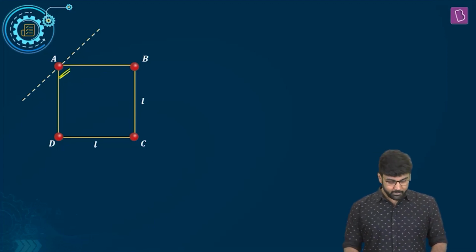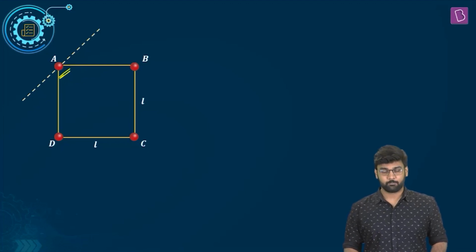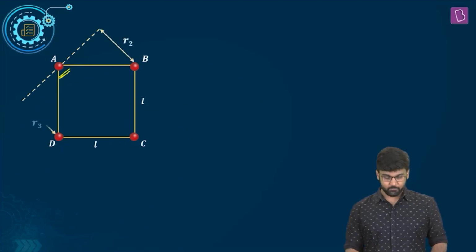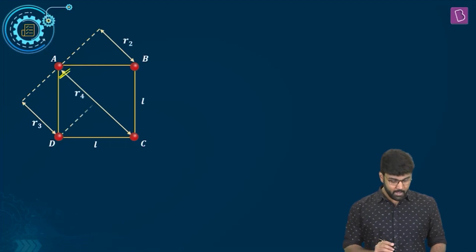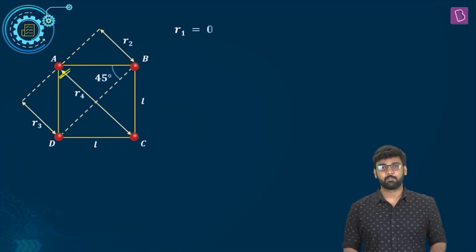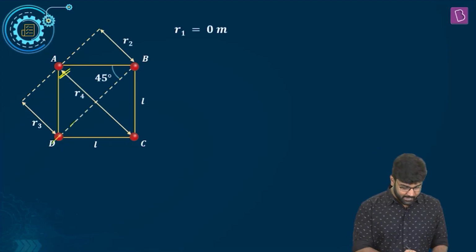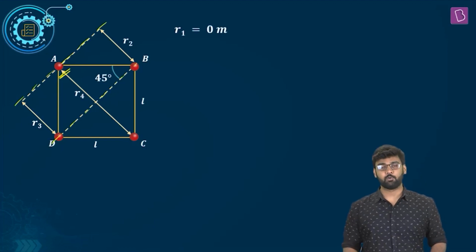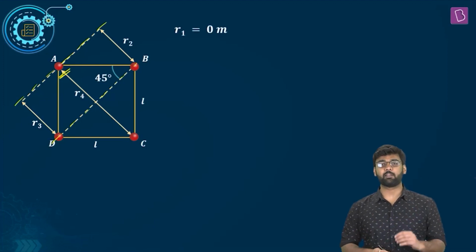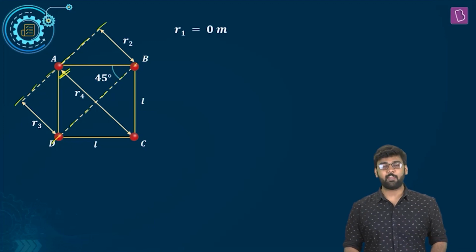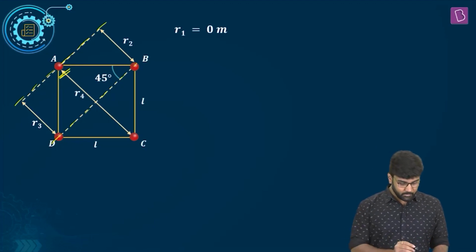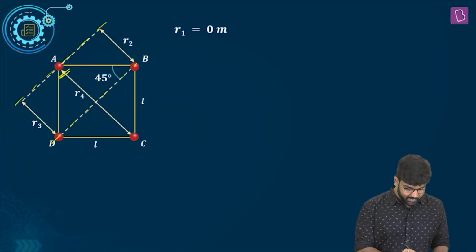So definitely for this particle, the distance is 0. Now, for the particles B and D, the perpendicular distance is R2 and R3 because this line is parallel to the axis of rotation. So the distance between these two lines will remain same. So we can say that R2 and R3 are equal. And we can calculate the values of R2 and R3 very easily using this right angle triangle.